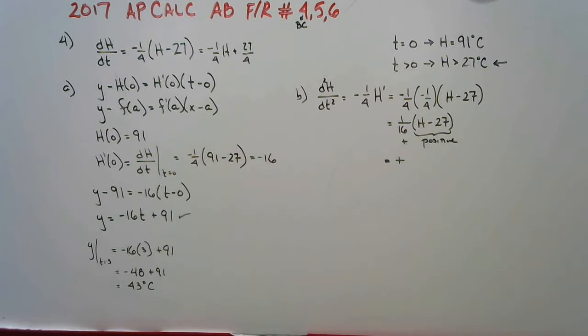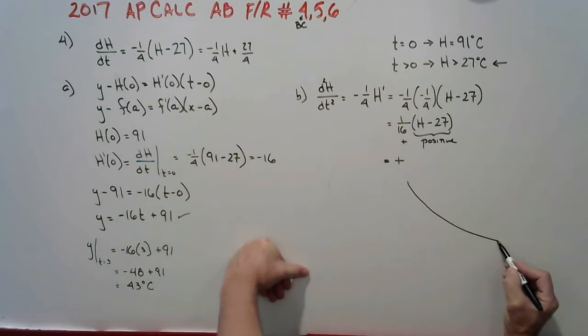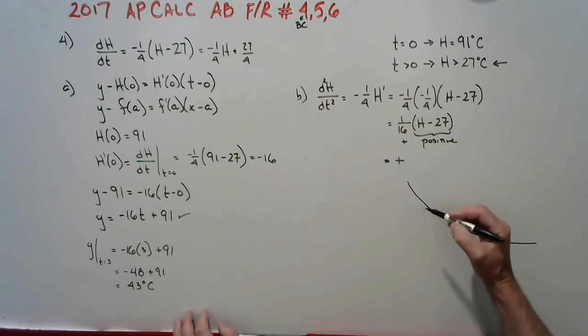H is concave up. Now, H is the temperature of the potato. So H is concave up, but it's decreasing because our temperature as it sits outside is cooler and cooler and cooler, right? So we used the tangent line at time 0.